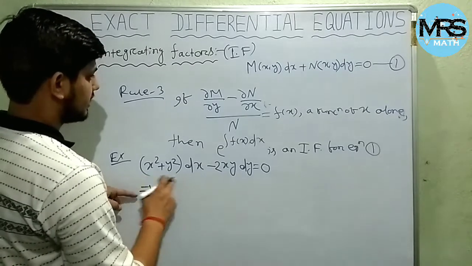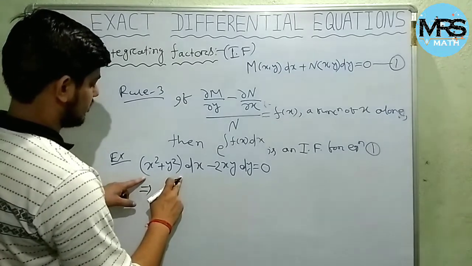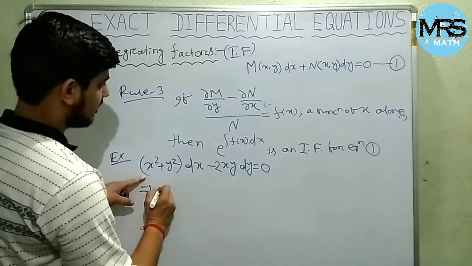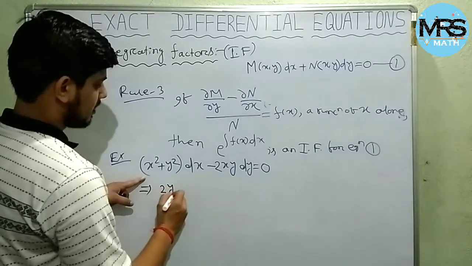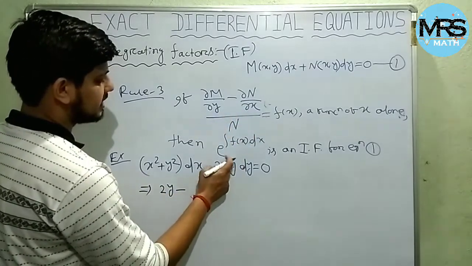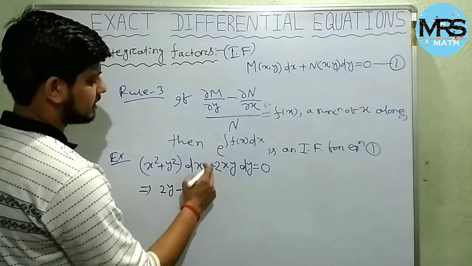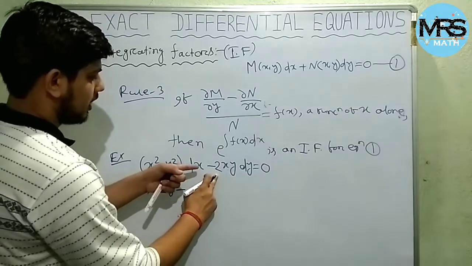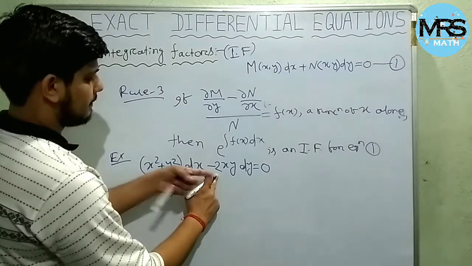So del m by del y if you calculate, then this will be 2y, minus del n by del x, that means partial derivative of this with respect to x, so it will be minus 2y.